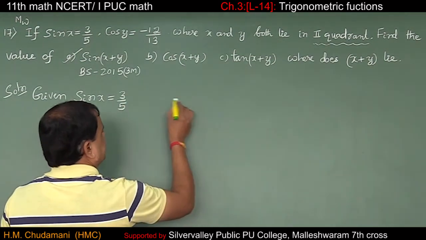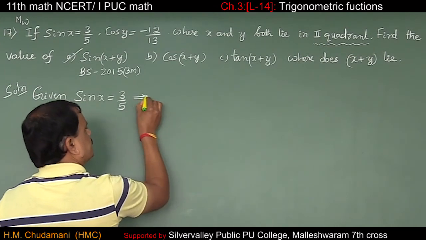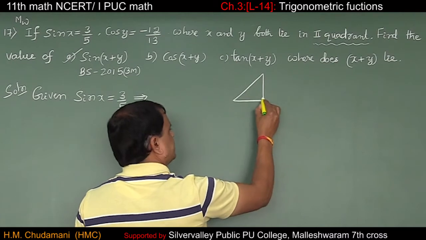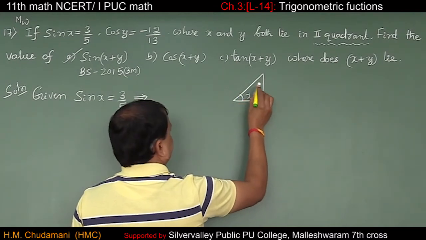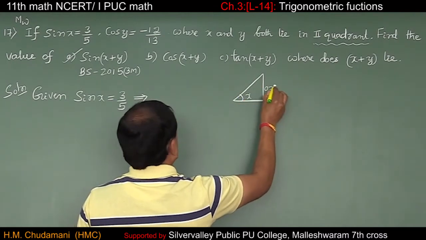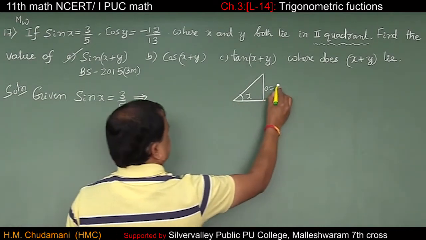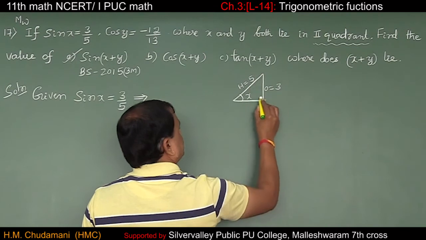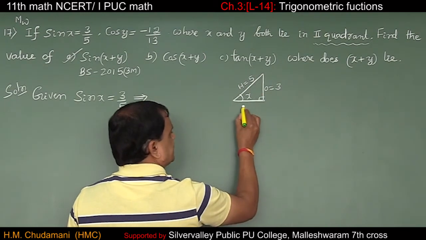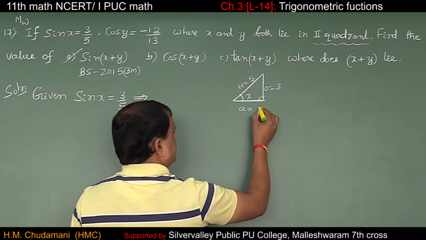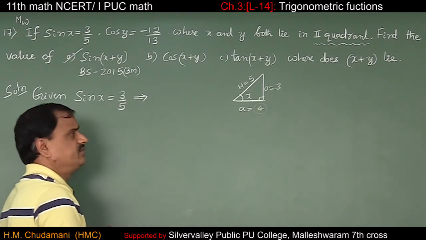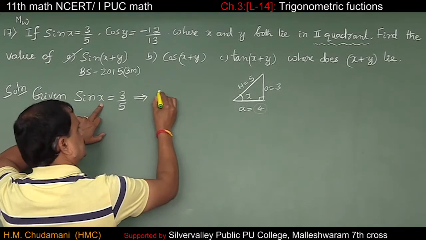See, x is the angle in the triangle, Pythagorean triplets. Sin theta is the opposite side, which is 3. Hypotenuse side is 5. So the remaining side is the adjacent side, which is 4. Okay, 3, 4 and 5 are the Pythagorean triplets.